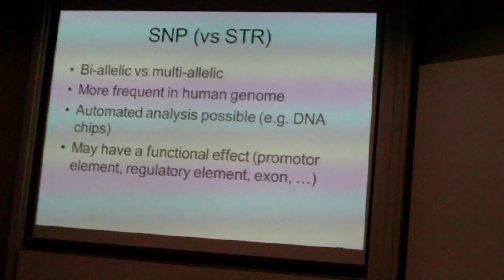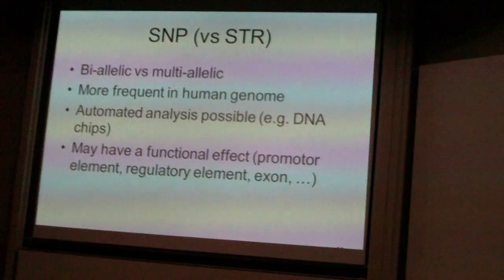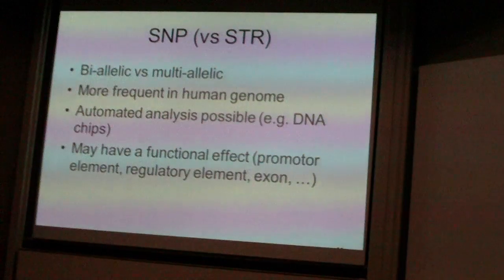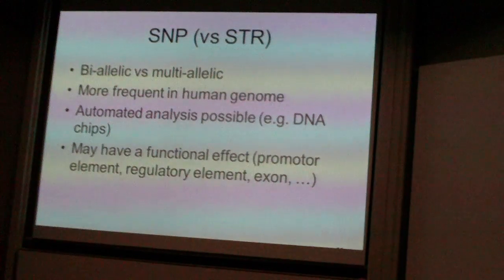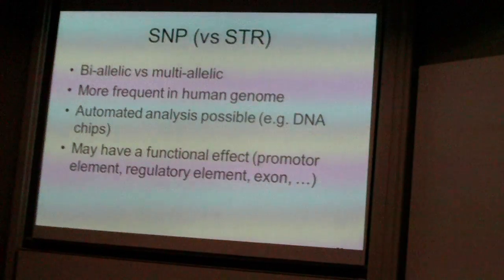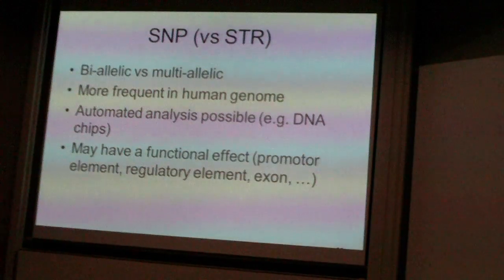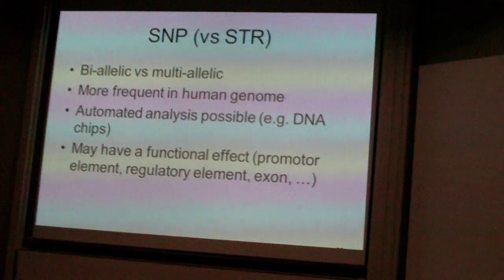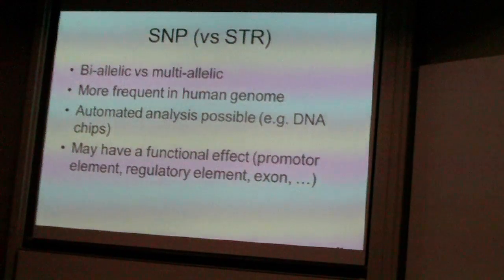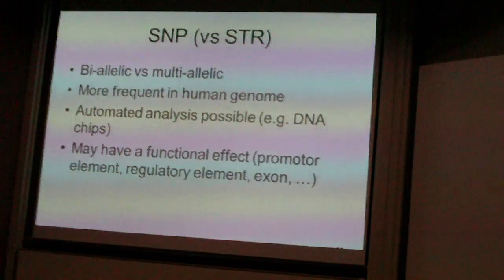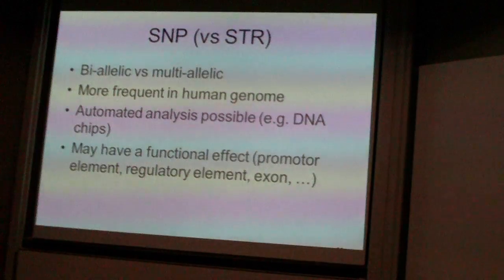So the chance that you can discriminate between chromosomes is much higher when you use STRs than when you use SNPs. On the other hand, SNPs are more frequent in the genome. So you have many more SNPs on each chromosomal location as compared to STRs. And with the SNPs, you also have automated analysis. So you can use DNA chips to analyze them.